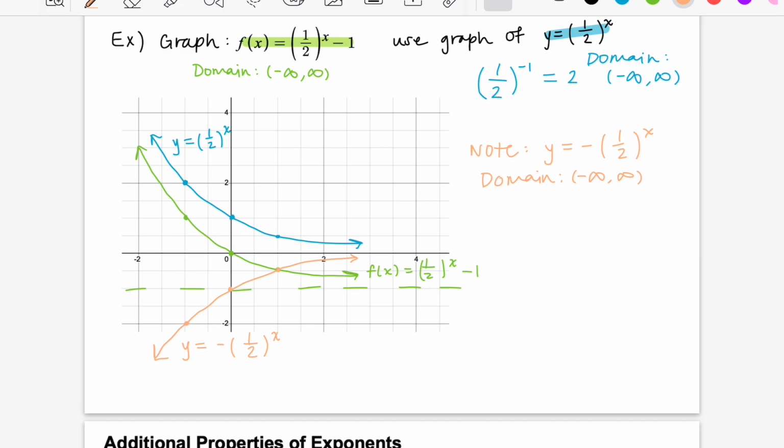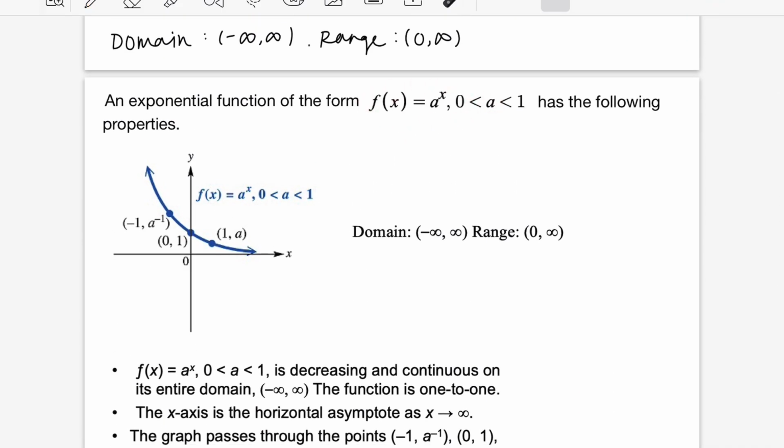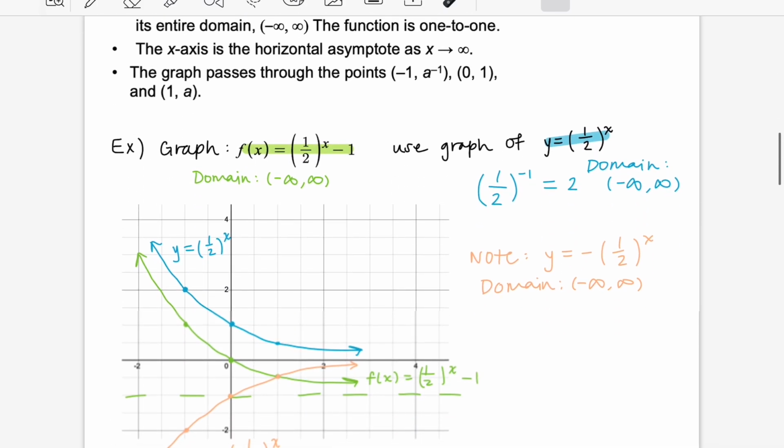However, our range is going to differ slightly from what we have for a function of this form. This function here, y is equal to 1/2 to the x, is exactly of this form. Our range is just going to be all positive numbers greater than 0. Remember, we have a horizontal asymptote here, so we're not going to cross the x-axis, which means y will never be equal to 0.